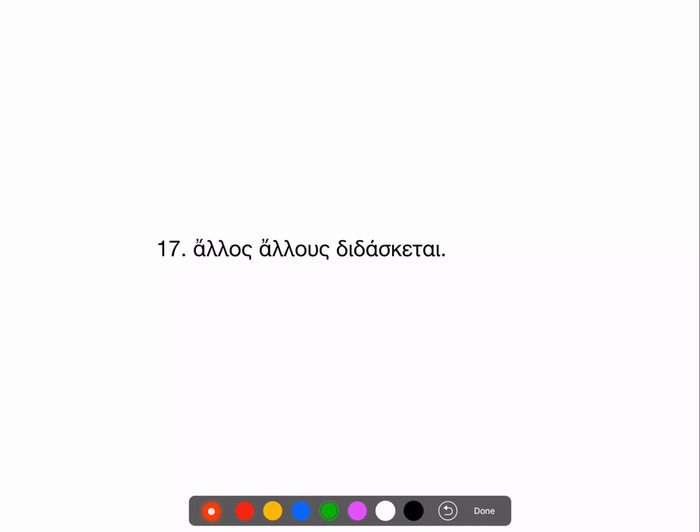Here's another one that works a little like that. Allos allous didaskatai. So if you've been reading your vocab notes, you know that when you double up with allos, it means something a little bit different. So allos allous didaskatai.